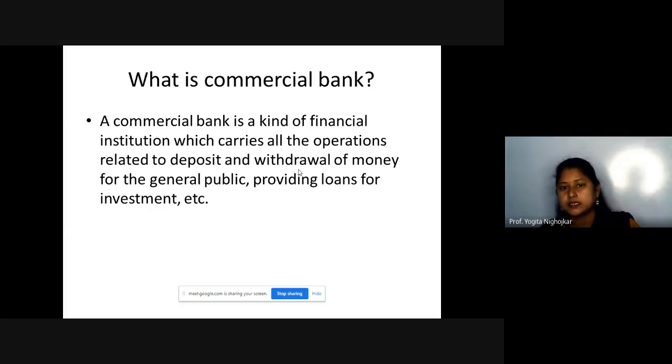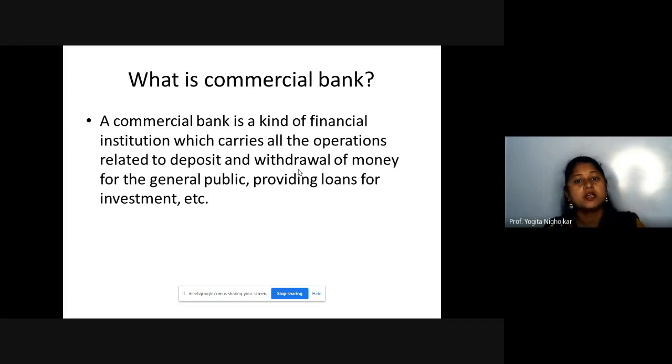Then public bank, it is that type of bank that is nationalized and the government holds a significant stake. For example, Bank of Baroda, State Bank of India, SBI, Dena Bank, Corporation Bank, and Punjab National Bank. These are the public banks.